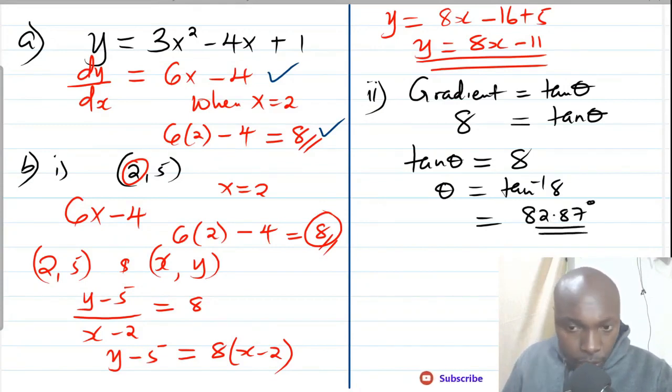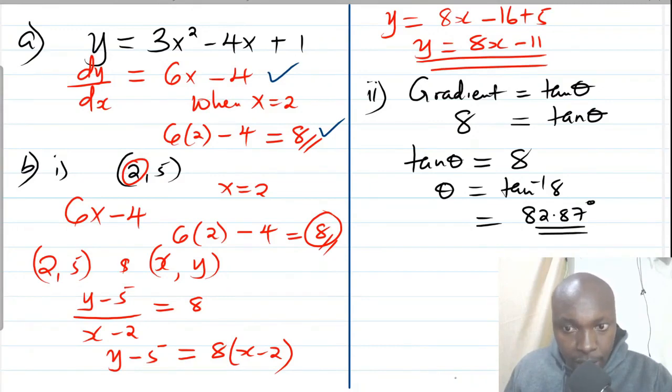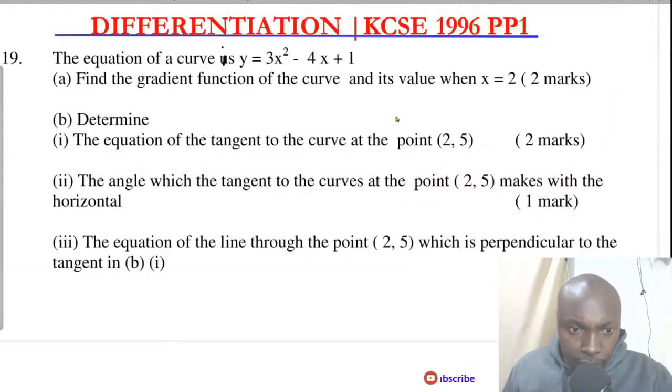So this is the angle that the tangent makes with the horizontal at the point (2, 5), since the gradient at that point is 8, and the gradient is equivalent to the tan of the angle that it makes with the horizontal. So that is how we're supposed to do that.